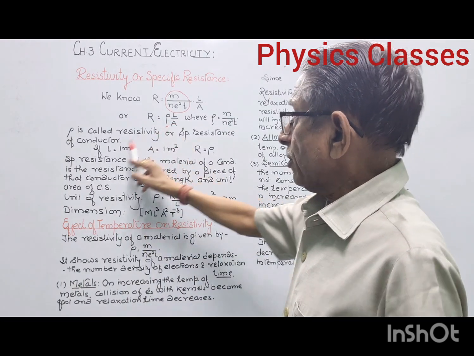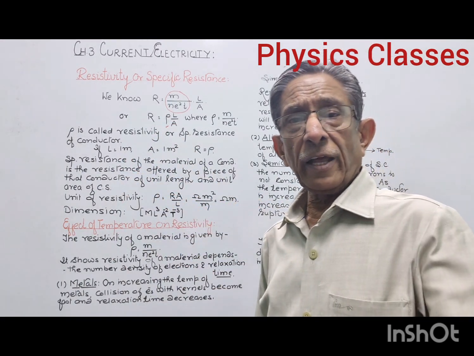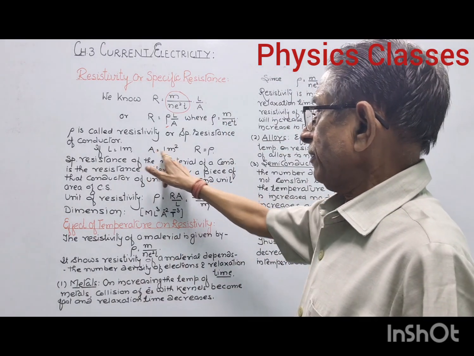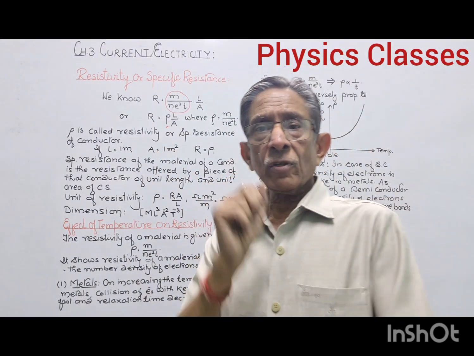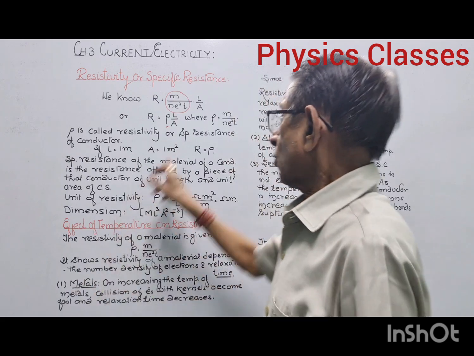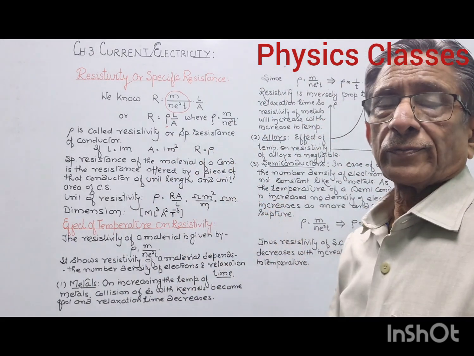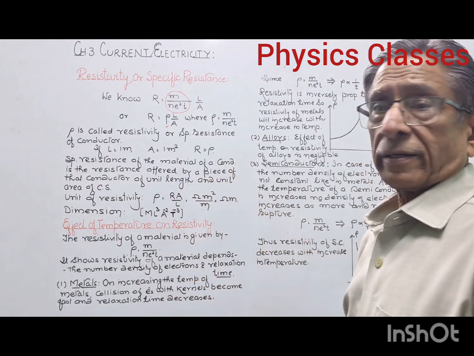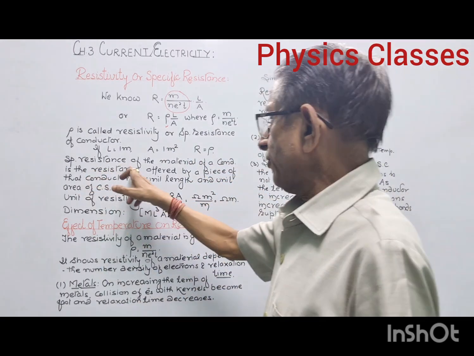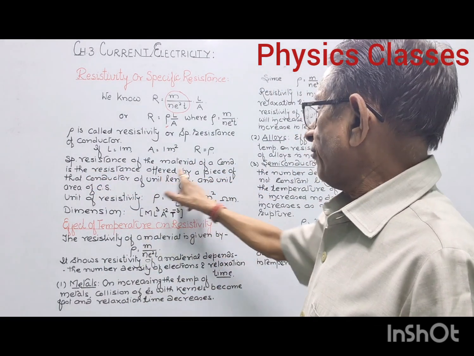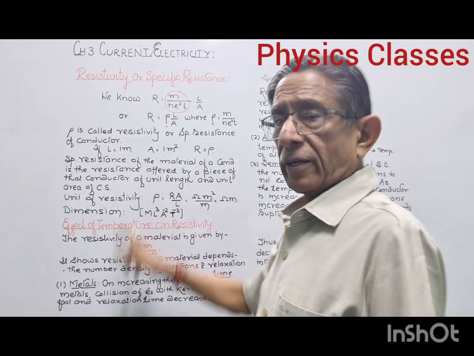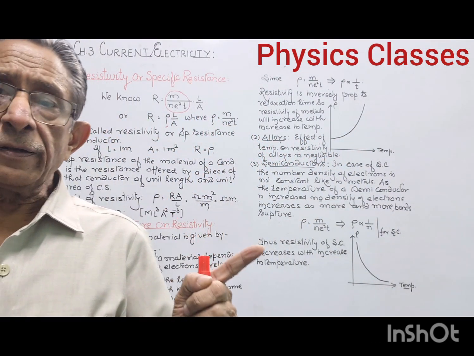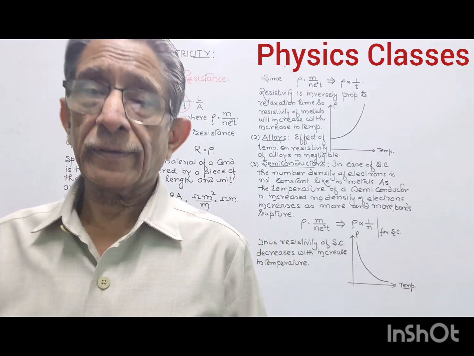Let L be equal to 1 meter. We consider the length of the conductor as 1 meter and the area of cross section of the conductor as 1 meter square. So R will be equal to rho. Specific resistance of the material of a conductor is the resistance offered by a piece of that conductor of unit length and unit area of cross section.